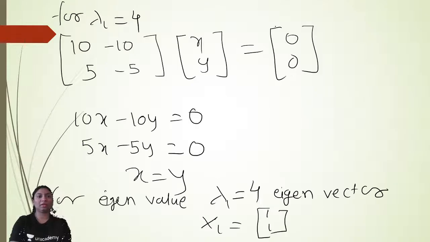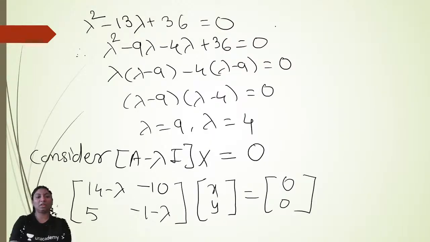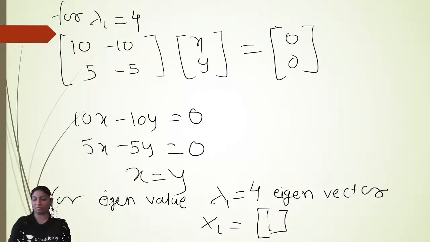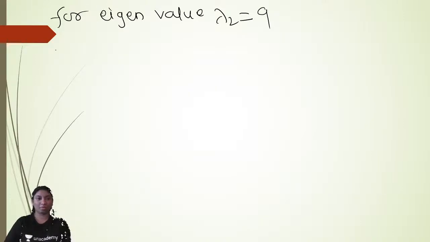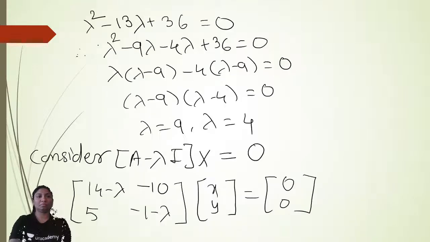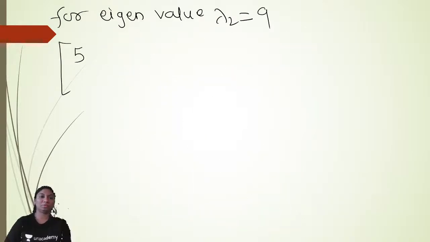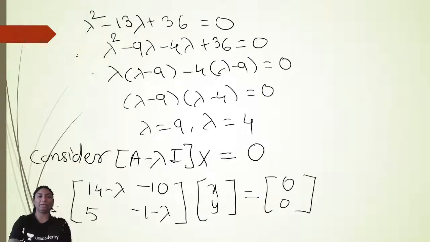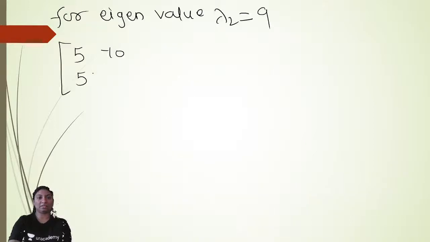So you will get 14 minus 9, that is 5, minus 10, and then minus 1 minus 9, that is minus 10.